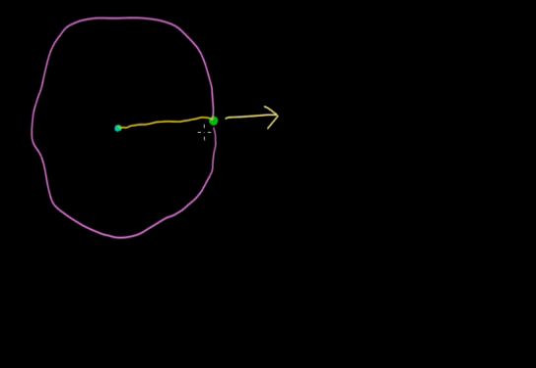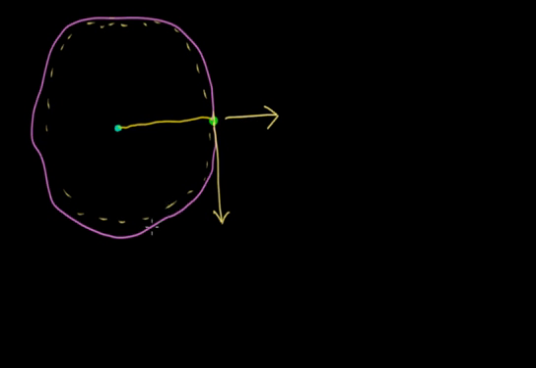But if you think about it, if the motion of the object is around the circle, that means at any given time, the velocity of the object is actually tangent to the circle. So if the object's here, the velocity is this way.